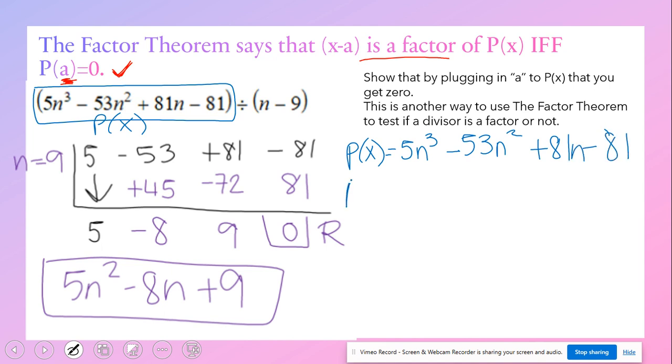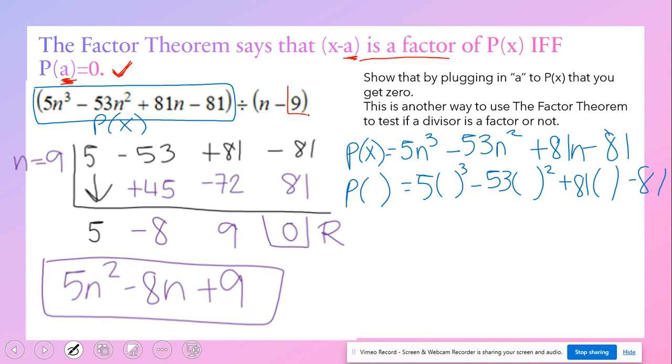And I want to know what the heck p of a is going to be. So I'm setting up my problem, and the a value is coming after the x minus or the n minus. So the a value is right here, 9.